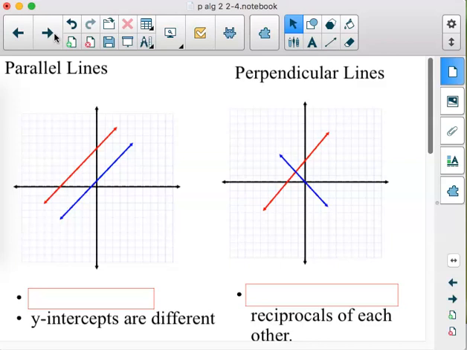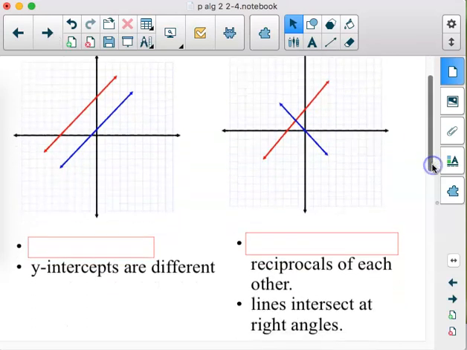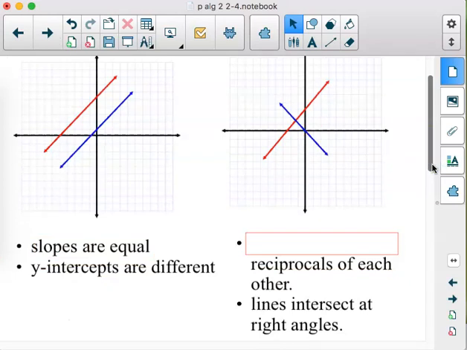Same distance between those points as you go through. They ever going to hit each other? Never going to happen. That's parallel. So the big deal for us, the slopes are the same. Because they're going to say, hey, here's a line. Write an equation for a line that's parallel to this line. And our first thought has to be, ooh, slopes equal.